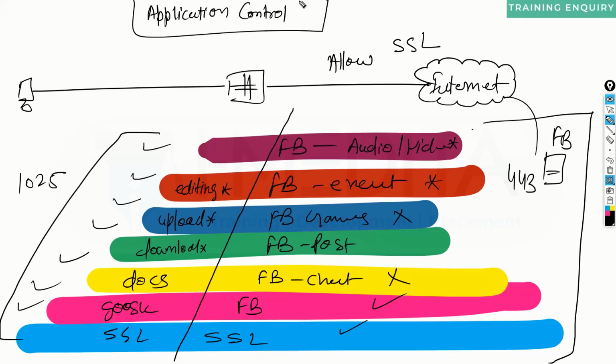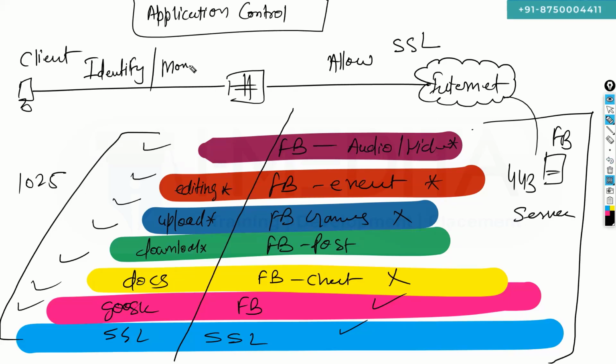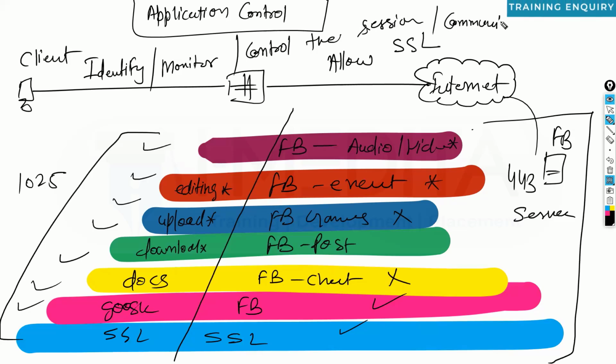So with the help of application control, when one client and server are communicating with each other, you can identify, you can monitor, you can control the session or communication between client and server.